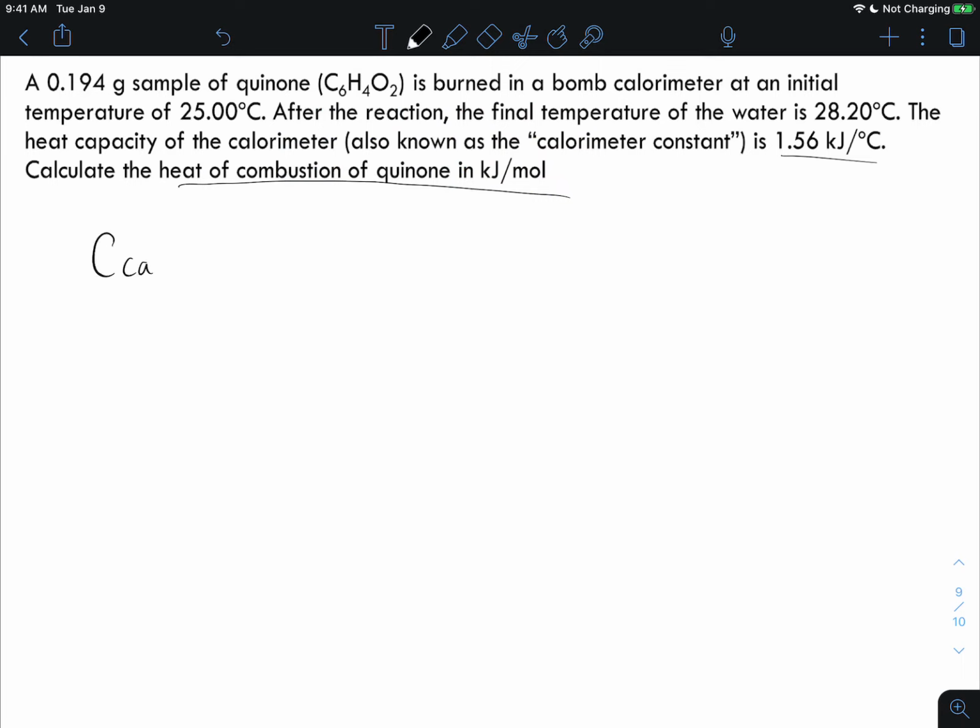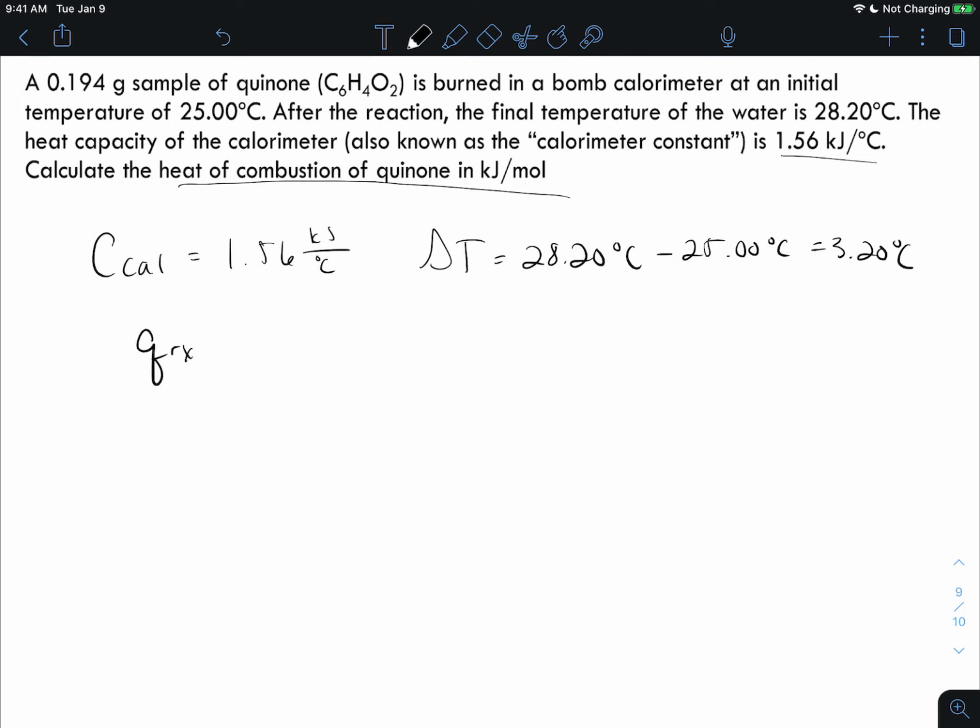So our calorimeter constant is equal to 1.56 kilojoules per degree Celsius, and our change in temperature is equal to 28.20 degrees Celsius minus 25.00 degrees Celsius, final minus initial, giving us 3.20 degrees Celsius. We can then put this into our equation. Q of our reaction is equal to negative C calorimeter times our delta T of our water.